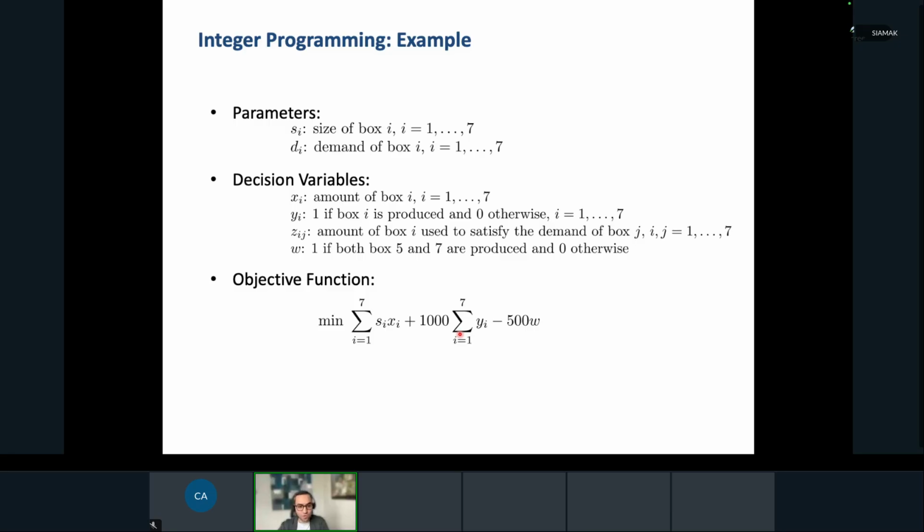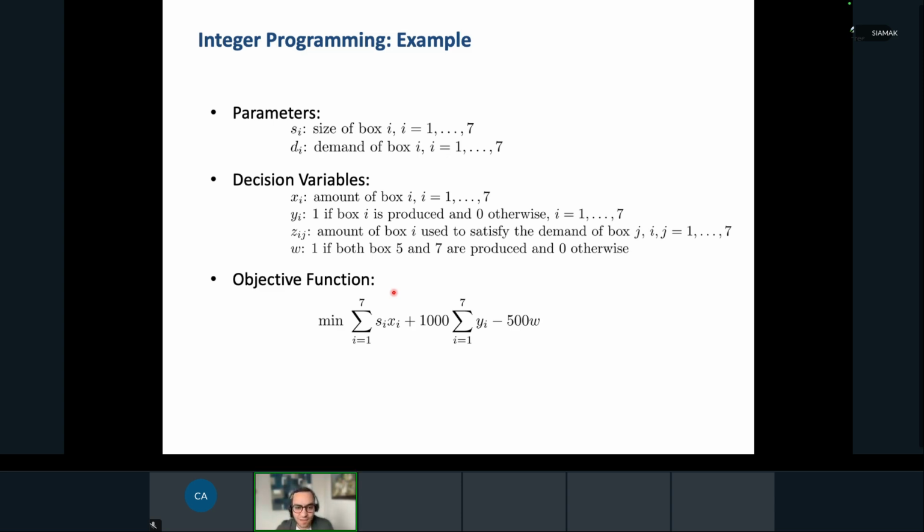But what I want to do is bring it down to 1,500, so 500 should be deducted. That's why I have this W, and W is equal to 1. If it is equal to 1, 1,000 plus 1,000 minus 500 gives us 1,500 as the cost of production of these two. Okay? Does it make sense?